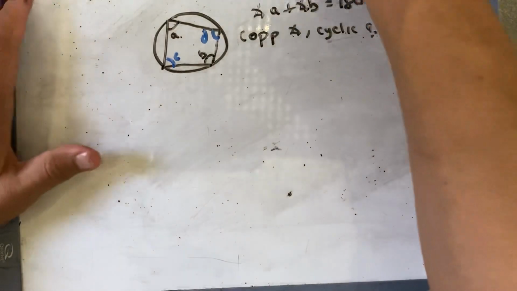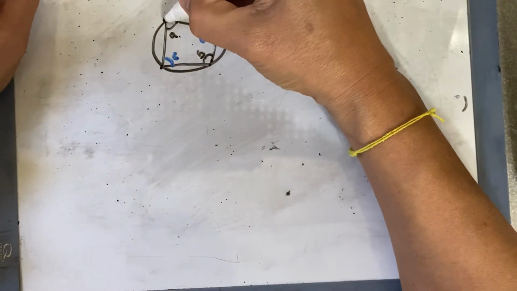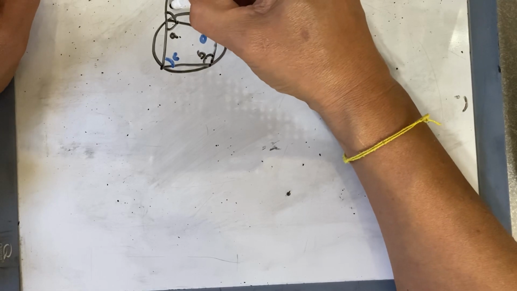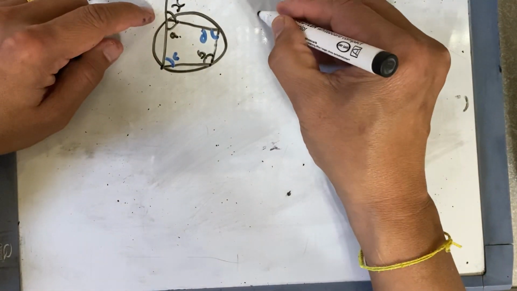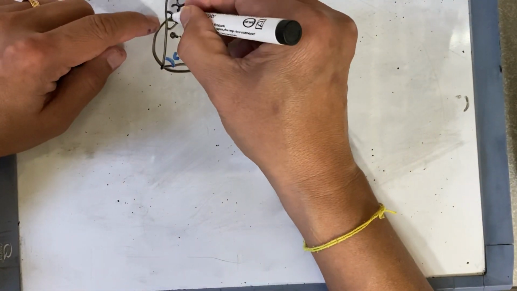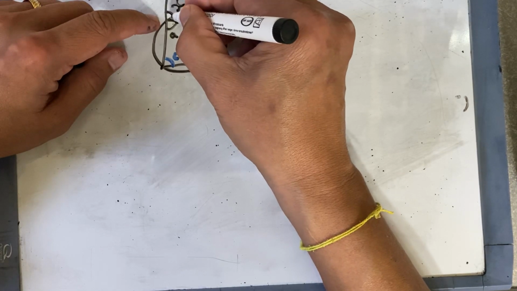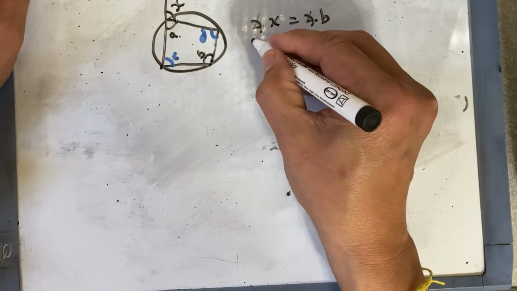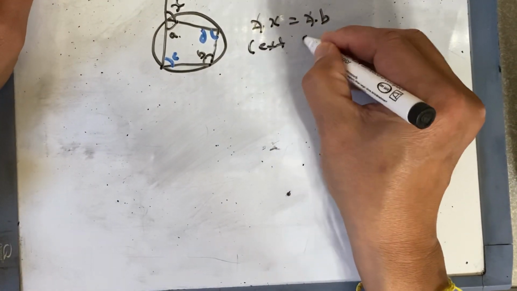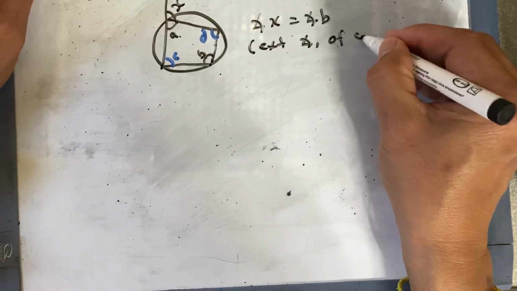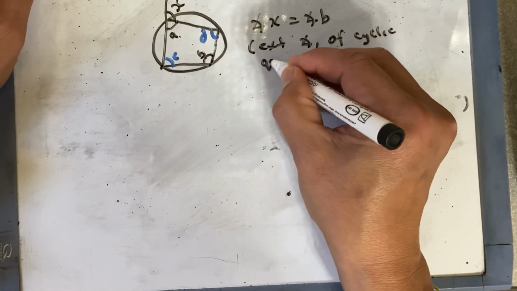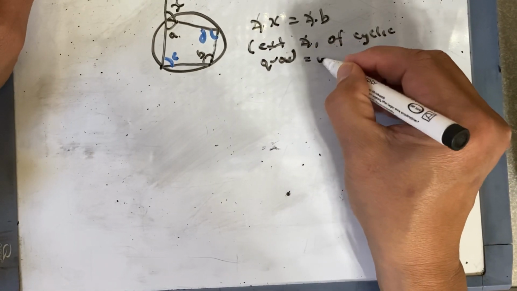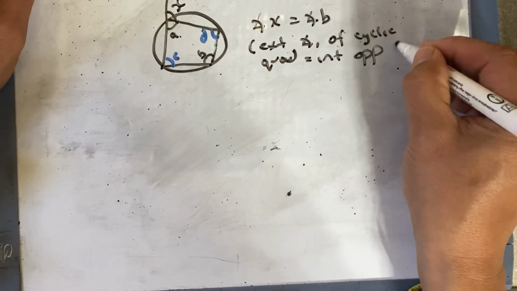And the last theorem for cyclic quad is this. So if I have an exterior angle, maybe X, angle X, the exterior angle of a cyclic quad is going to be the same as the one opposite it. So angle X is equal to angle B. The theorem is: exterior angle of a cyclic quad is equal to the interior opposite angle.